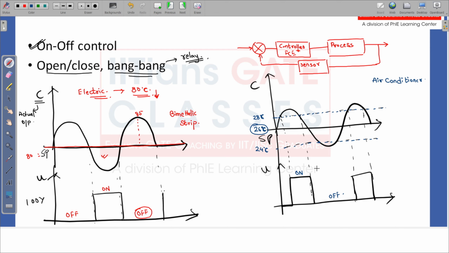How is this helpful? It doesn't destroy my compressor. That is why we have this neutral band, to avoid continuous energizing and de-energizing of my air conditioner. I hope up to this point everything is clear.